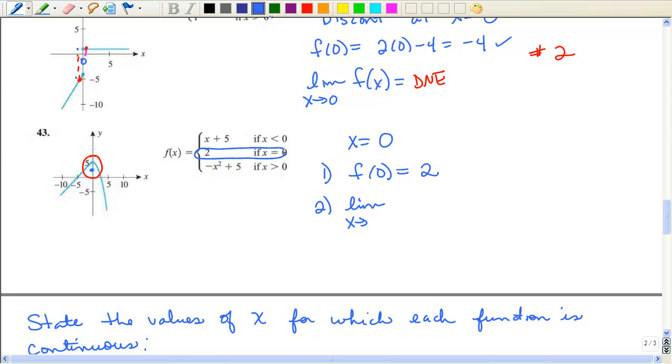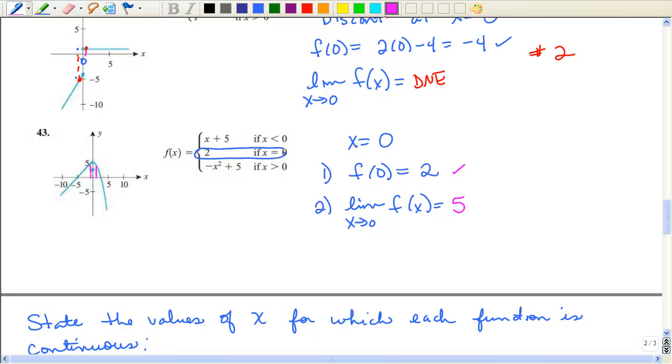As x approaches 0, well, again, if I go to the right and I go to the left, that does exist. I'm going to erase that and try to give you a little bit better picture of it. But if I go to the right of 0 and I go to the left of 0, I'm getting closer to 5, right?